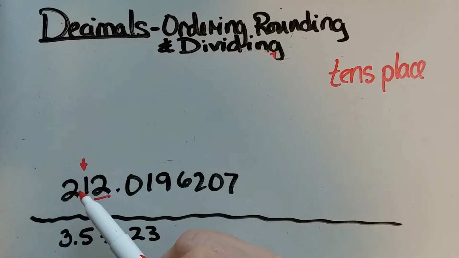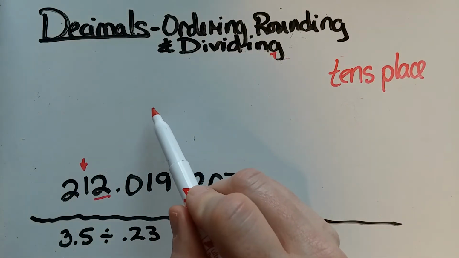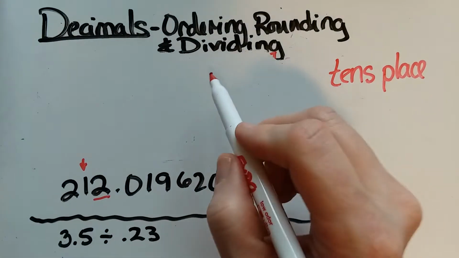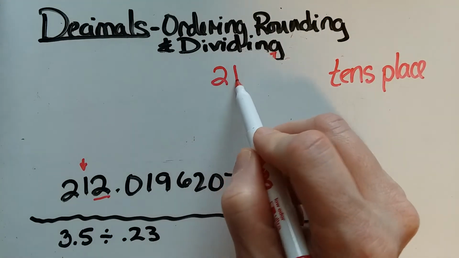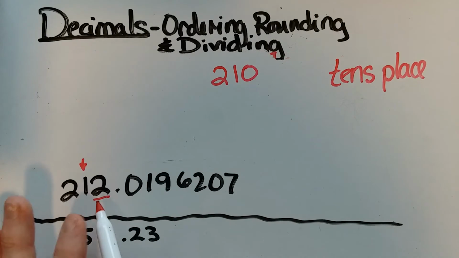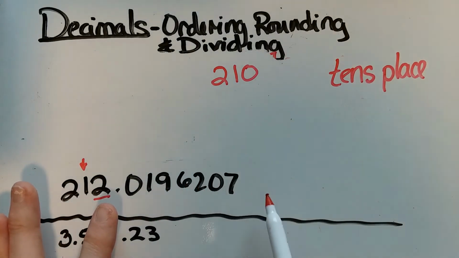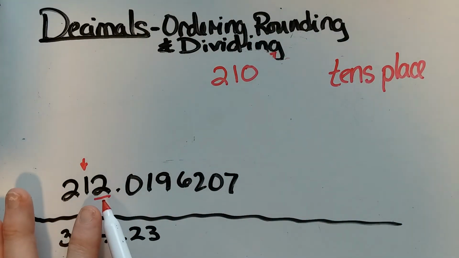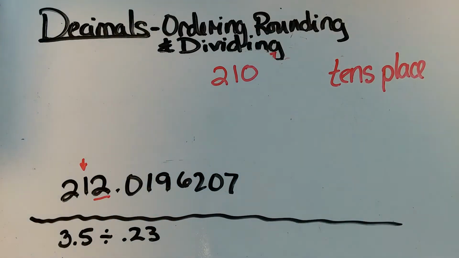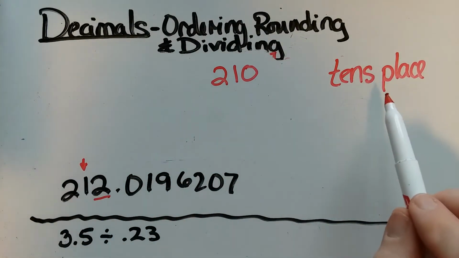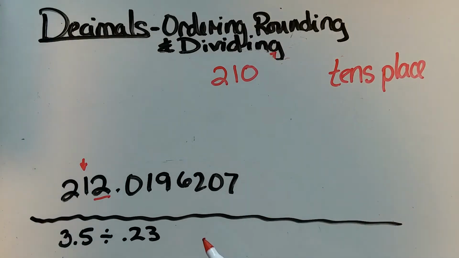We're going to leave it the way it is. So this number would be changed to 210. And we would drop all of the decimals, but we would keep the ones place and leave it as a 0. This number rounded to the tens place is 210.